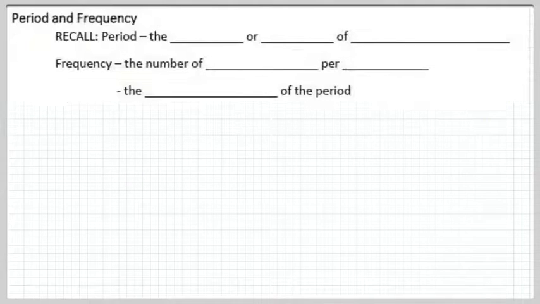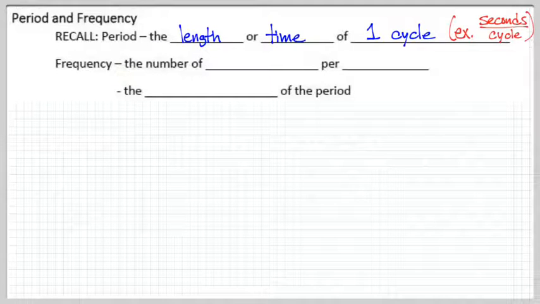Before we do that, we've already talked about the idea of the period. We have not talked about frequency yet, though. So let's talk first about that. Now, remember, period is the length of time of one cycle. Length or time, and now I'm going to throw some units here. For example, seconds per cycle, that would be the period.